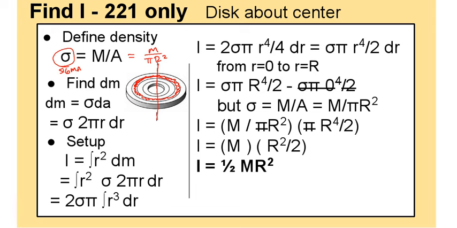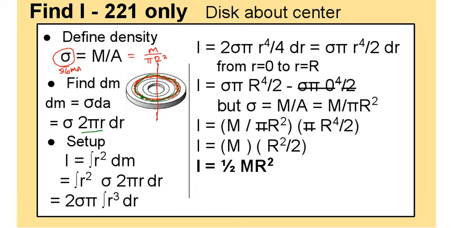The mass of that little differential slice is equal to the density times the amount of area that I've got there. The area of that little piece, this is a circle, and the distance around that circle would be 2 pi r.